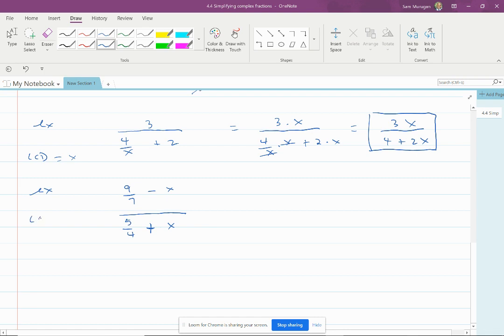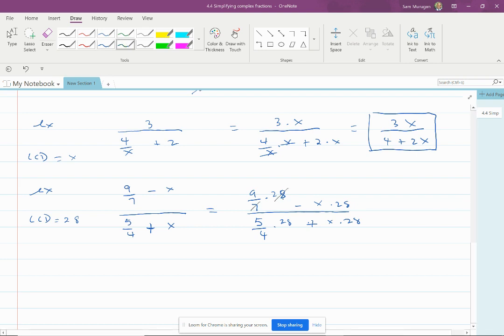So the LCD is equal to 28. So this is 9 over 7 times 28 minus x times 28, over 5 over 4 times 28 plus x times 28.